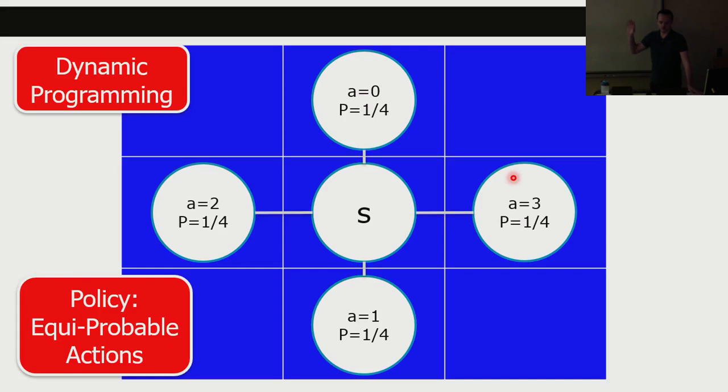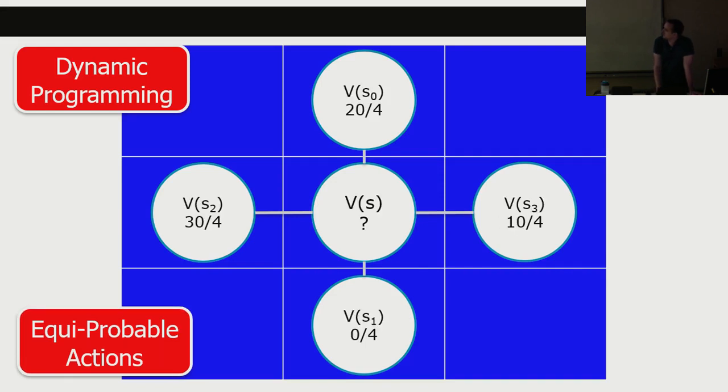So if I'm going to go with 1/4 probability for each of them, then the formula for computing the value of the state that I'm at is 1/4 times the value of each state, and then sum that up, right? So I have 1/4 chance of getting 20, 1/4 chance of getting 10, 1/4 chance of getting 0, and 1/4 chance of getting 30. So can anyone do that in their head? I've made the numbers kind of easy.